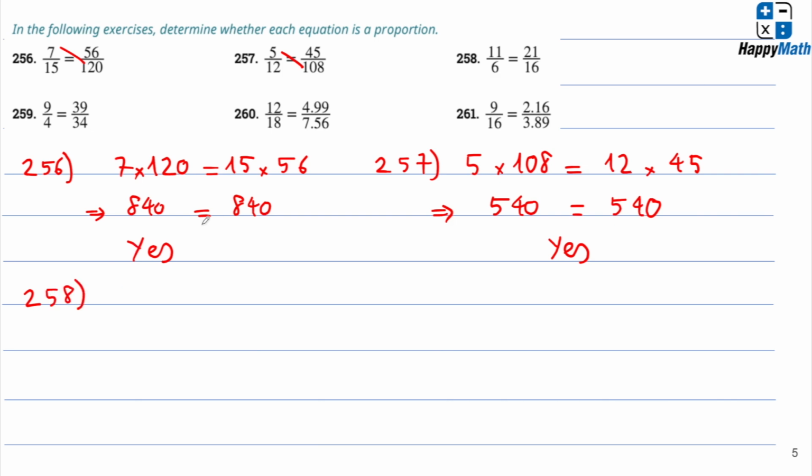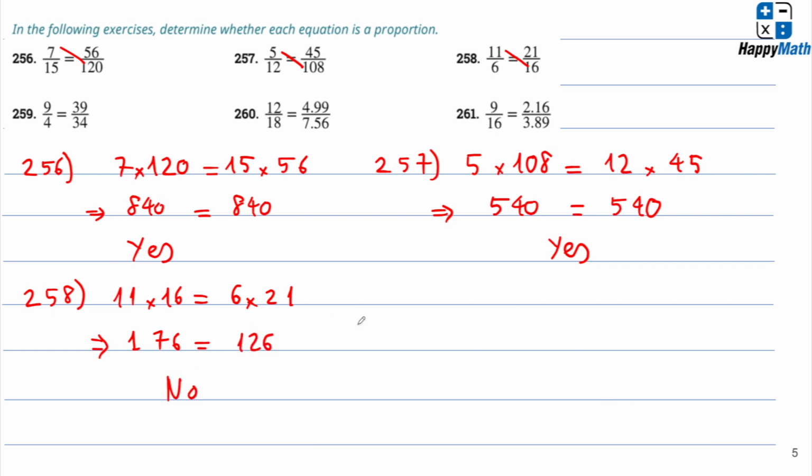258, cross line: 11 times 16, and then compare to 6 multiply 21. 176, and then 6 times 21 is 126.